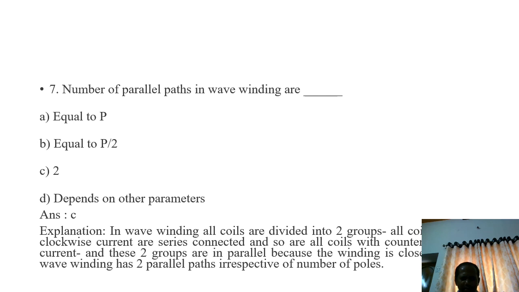Detailed information we explained in the previous class and previous slides. So go through the standard textbooks, and we are also providing the explanation. All of you note this answer.